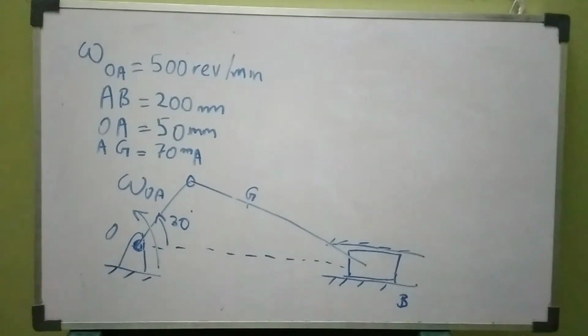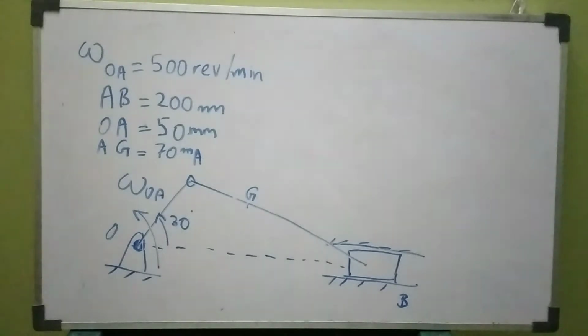Hope you have done that. In the previous video I have already taught that when you are having a question on instantaneous center, the main thing is we need to know the velocity of any two points. That's the main thing. We need to know the velocity of two points of that body.